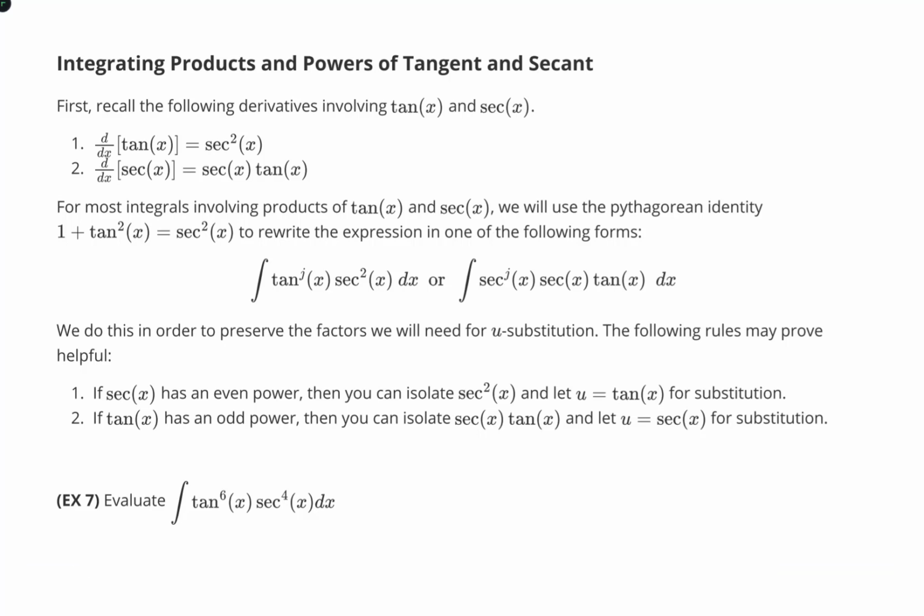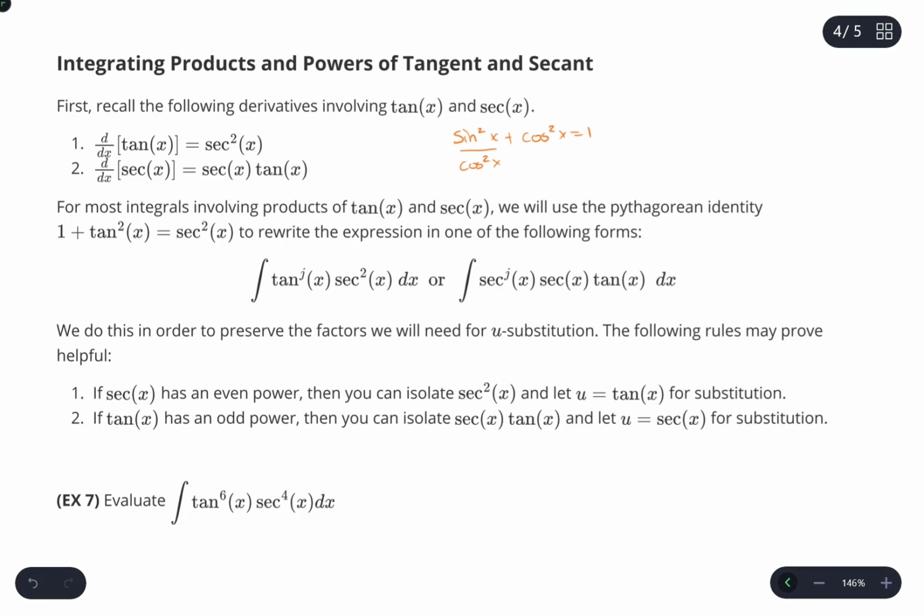Here's what I do. I absolutely remember sine squared x plus cosine squared x equals 1. If you take this one and you divide it through by cosine, you end up with one of the other two Pythagorean identities that aren't quite as readily used.